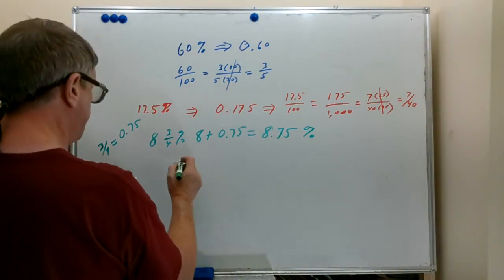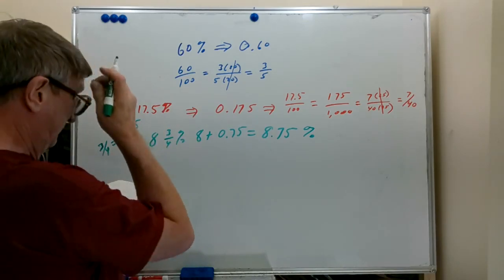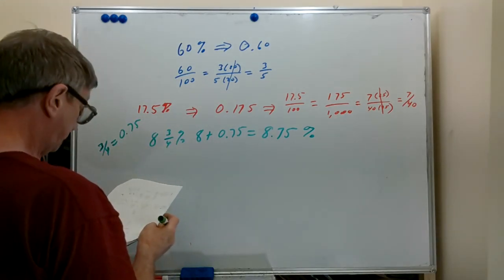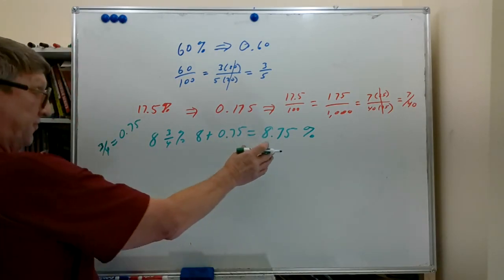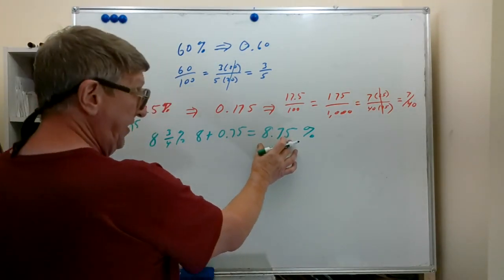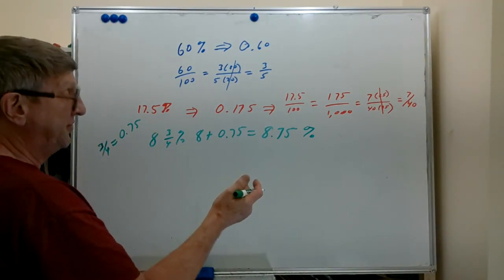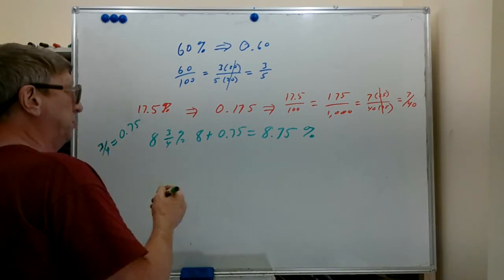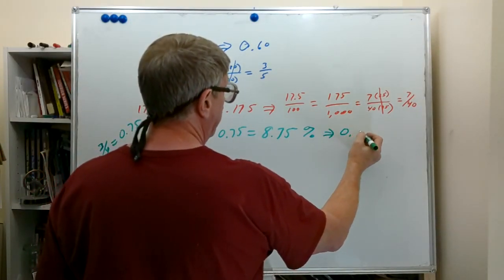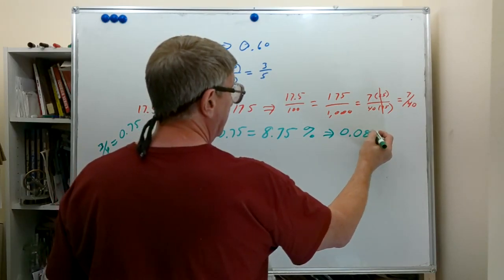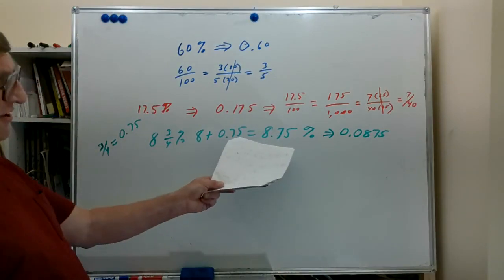Let's first convert this percent to decimal. Convert a percent to a decimal by dividing by 100, moving the decimal place 2 places to the left, so we end up with 0.0875.